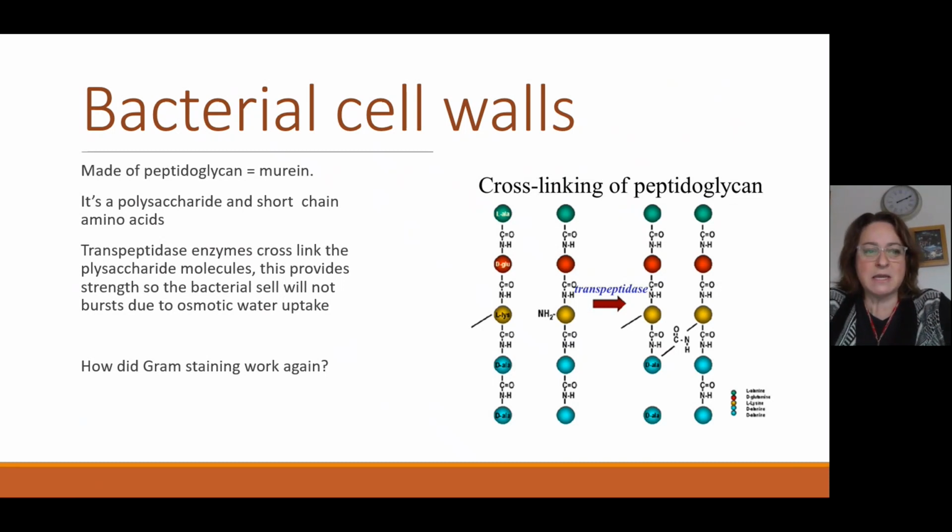Now that cross-linking is done by an enzyme called transpeptidase. Trans, to between, and peptidase, forming the peptide bonds there. It makes the bacterial cell wall extra strong. Now, bacteria usually live in a range of different osmotic backgrounds.